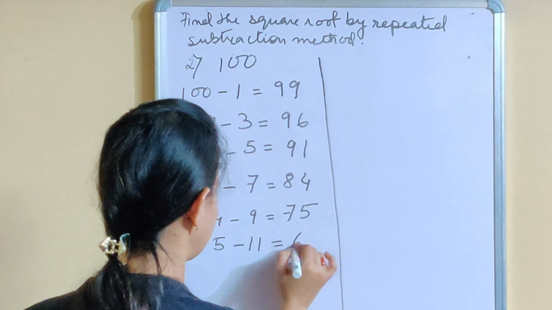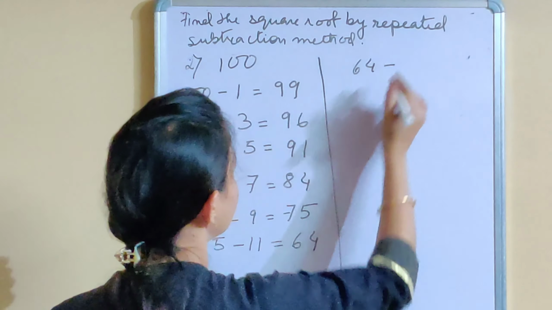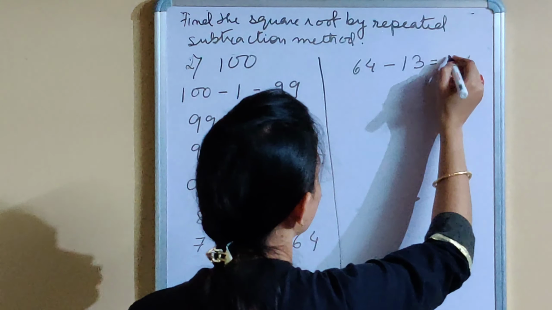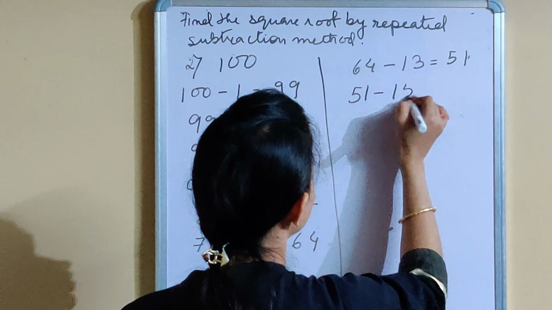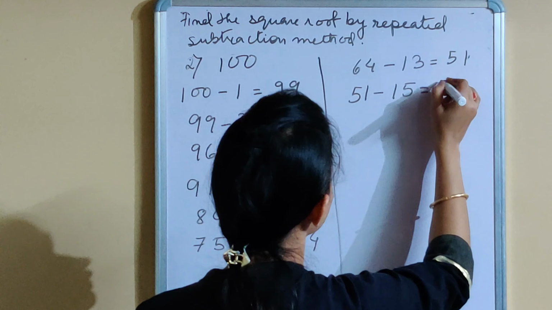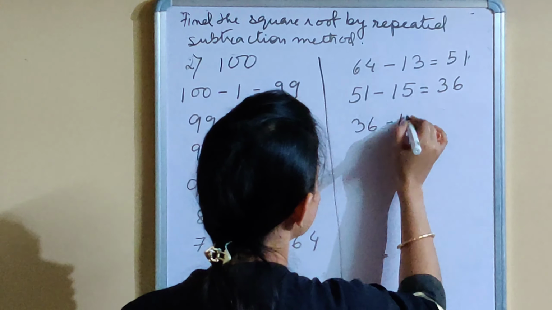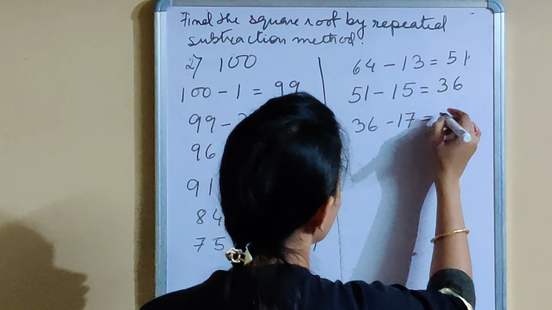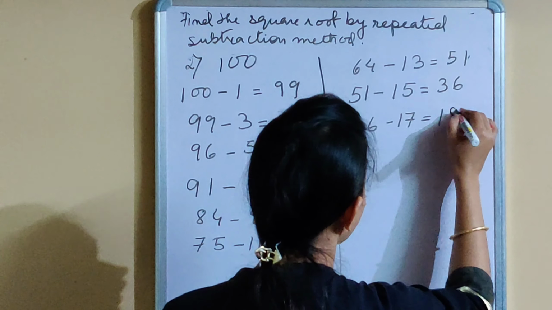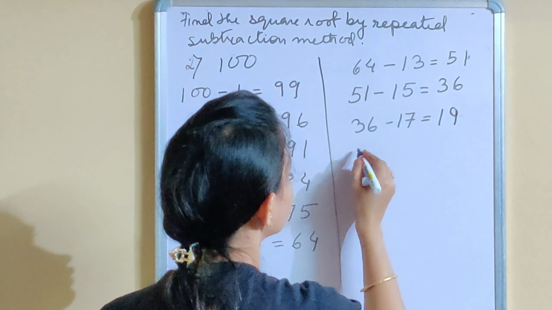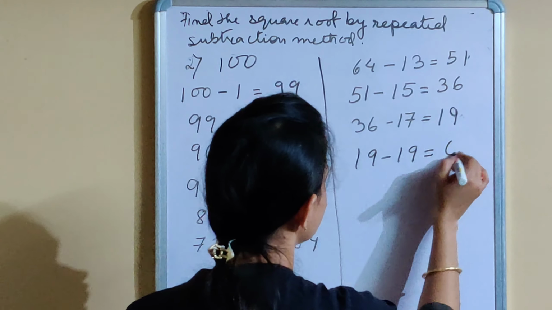So it is 64. 64 minus, after 11 it will be 13. So it is 51. 51 minus 15. So it is 36. 36 minus 17. So it is 19. Then 19 minus 19, it is 0.